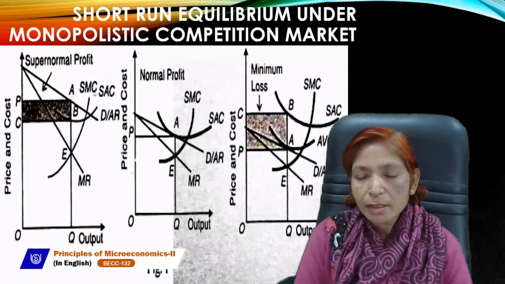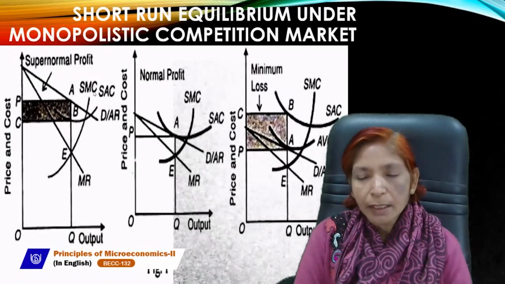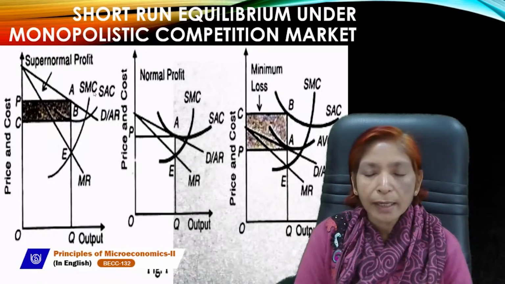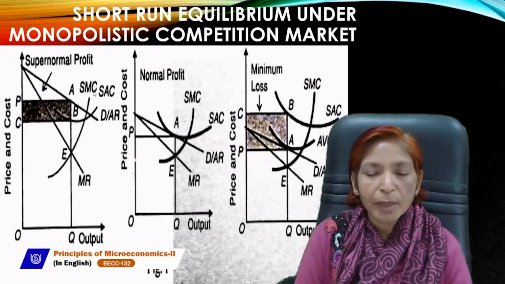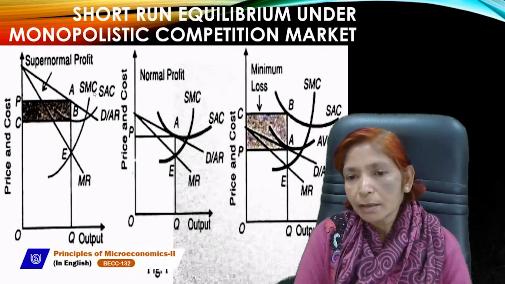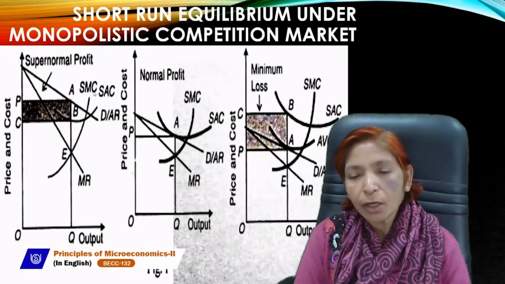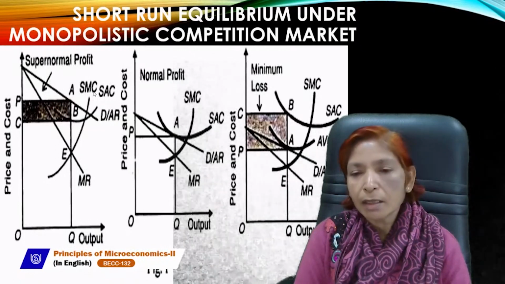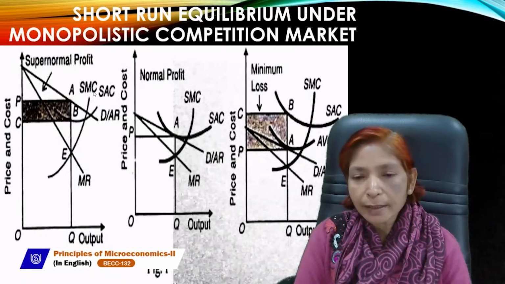Average variable cost is tangent to the AR curve, and AC lies above the AVC. In the beginning, the gap between AC and AVC will be higher, and at last, the gap between AC and AVC will be lower. But AC and AVC can't meet, touch, or intersect each other.